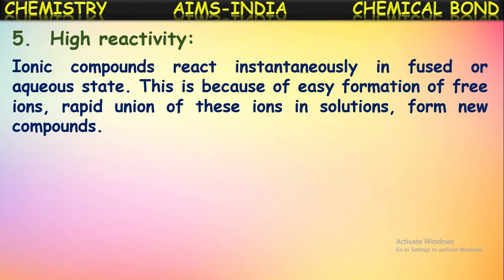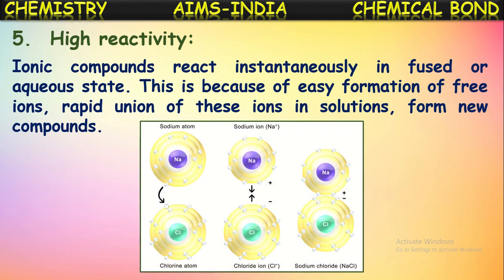Okay? Because in the aqueous state or fused state, these ionic compounds form respective ions very easily. So these ions will rapidly combine and form new compounds. Hence we say ionic reactions are very fast. They react instantaneously. So formation of ions is very easy with these.